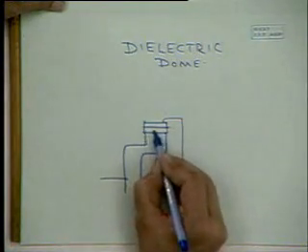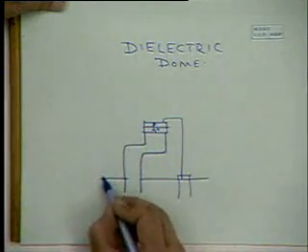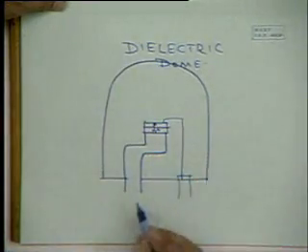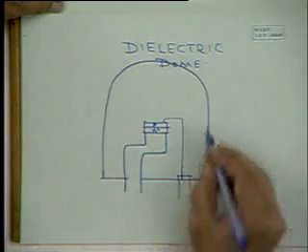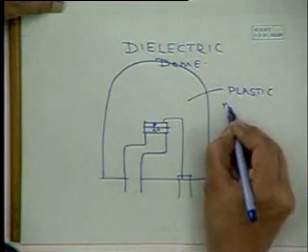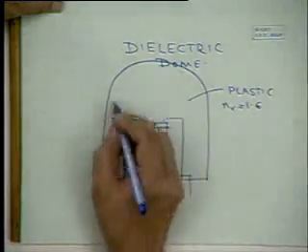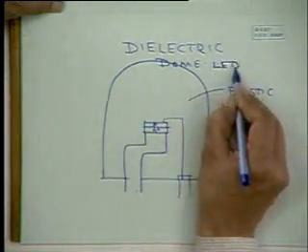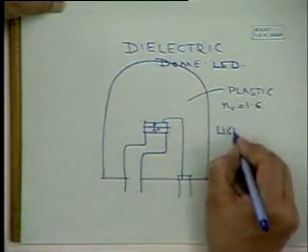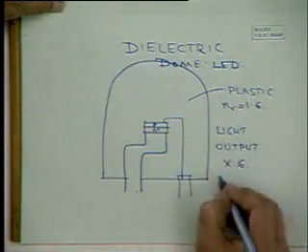You have the N plus P device, and the whole thing is embedded in a plastic which typically has a refractive index of the order of 1.6. This is what is known as a dielectric dome LED, and just with this configuration, the light output can increase by a factor of about 6.